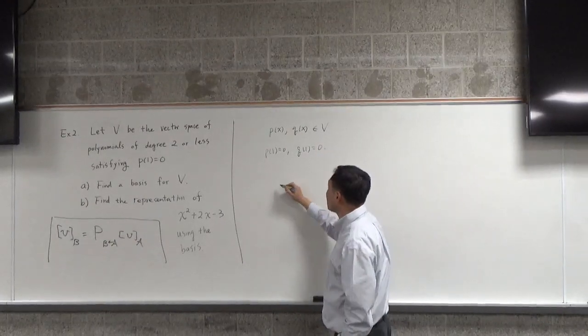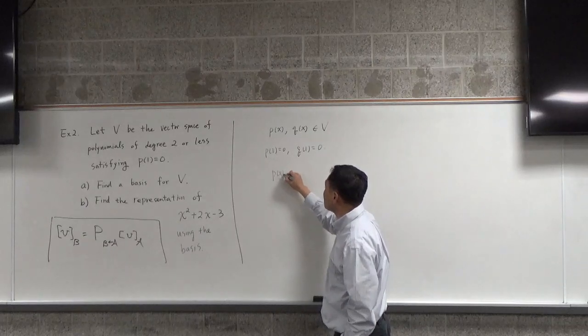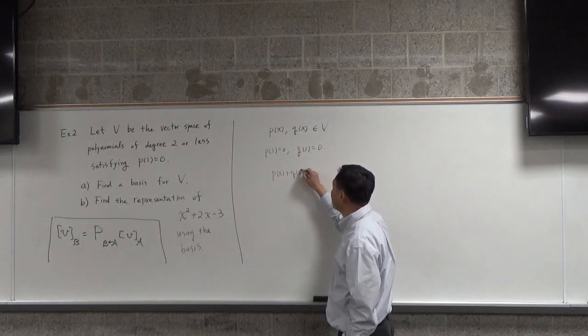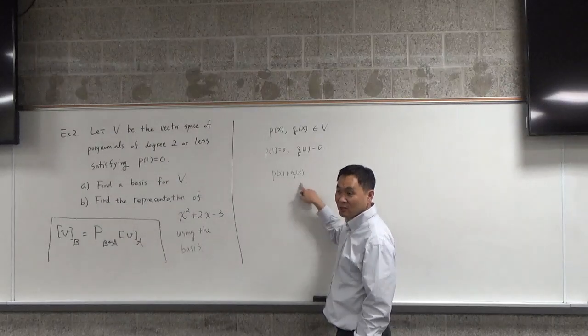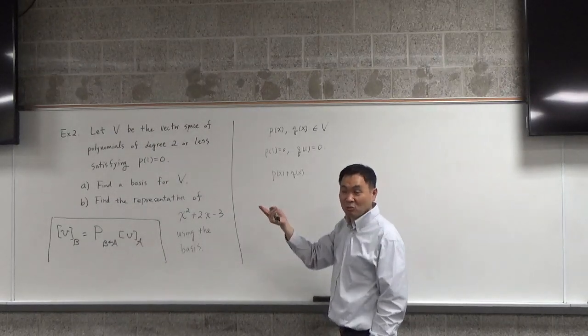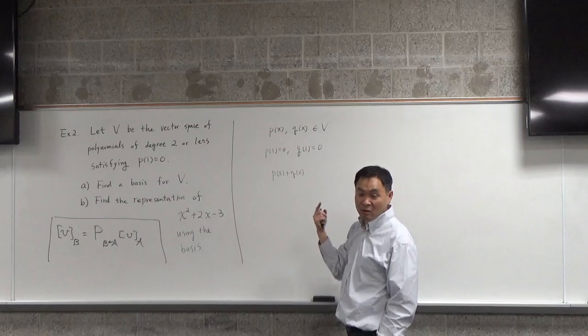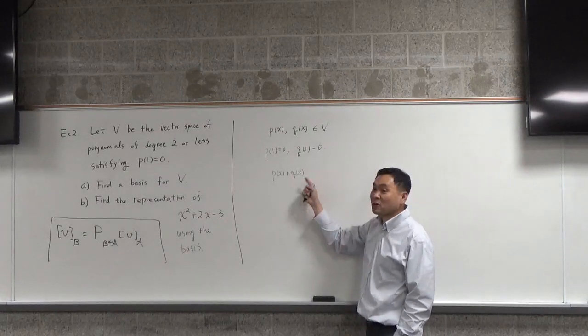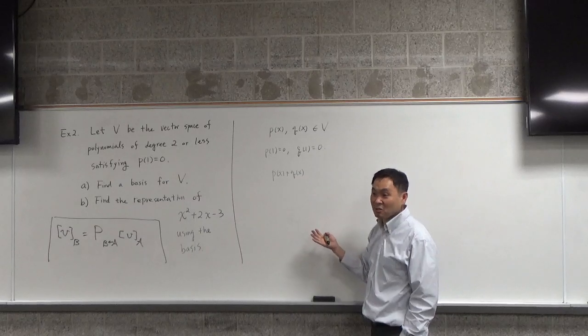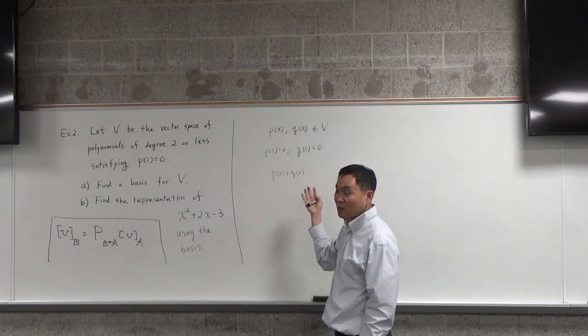So let's first check. If you have P(x) plus Q(x), is this still degree 2 or below? Yeah, right? If you have two polynomials of degree 2 or below, you add them, you can't have degree 3 suddenly. If you multiply them, then you would have higher degrees, but if you just simply add, you can't have higher degree than 2.